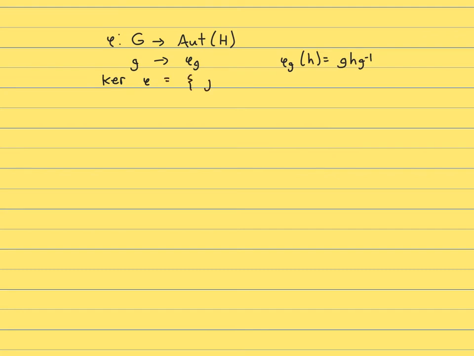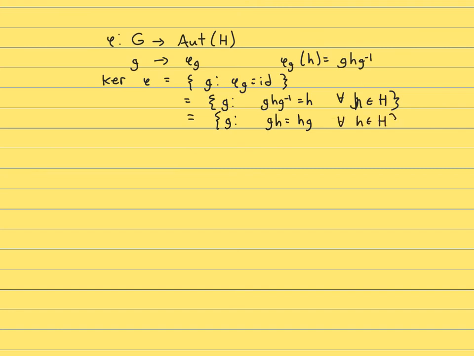So we're looking for those G where phi of G is the identity automorphism, which means those G where GhG inverse equals h for all h in H. So we're looking for those group elements in the larger group G, such that little g commutes with little h for every element in the smaller group.